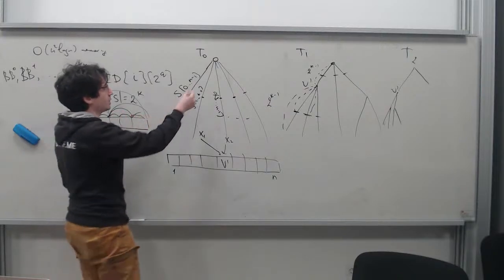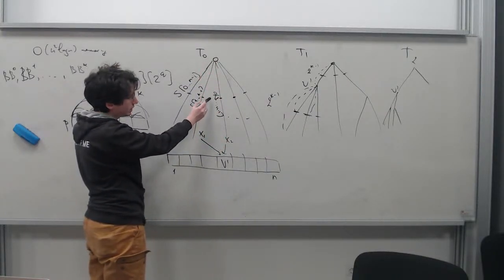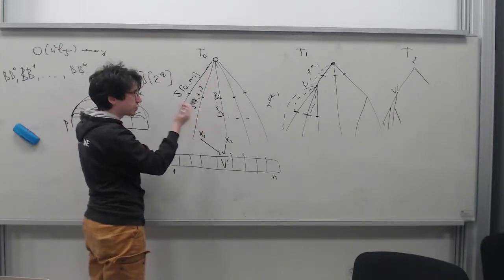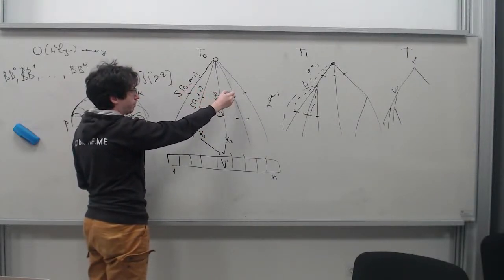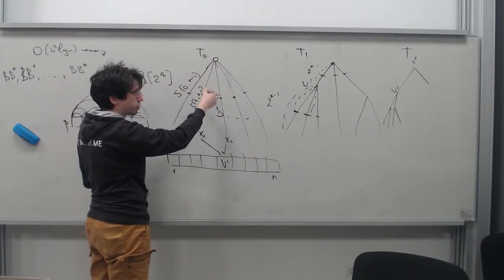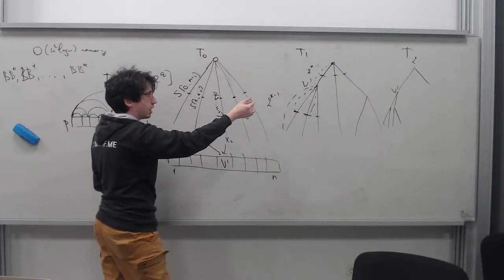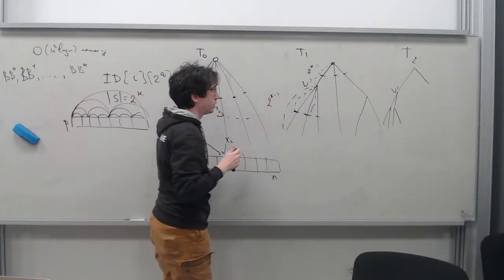This means it will correspond to this suffix, because this suffix is from 2 to n minus 1. What we're doing in the first case is taking the halves of the string and merging them together. If the string is already large, with height 2 to the power k minus 1, we just go to the corresponding child and we're done.